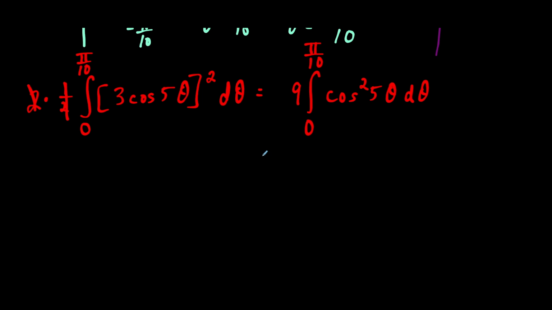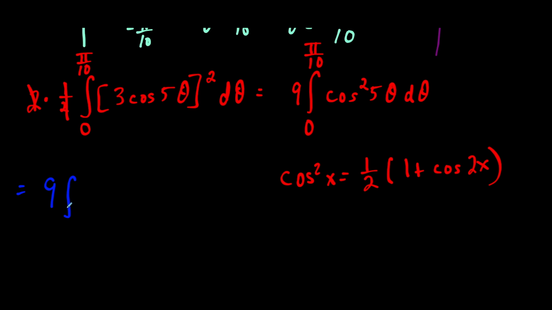But now, once again, we're going to have to make use of a trig identity. And we're going to make use of cosine squared x equals 1/2 (1 plus cosine 2x). So this is a formula we're going to apply here. So our integral, we could rewrite it as 9 times 1/2, and we'll write our limits in, 0 to pi over 10.